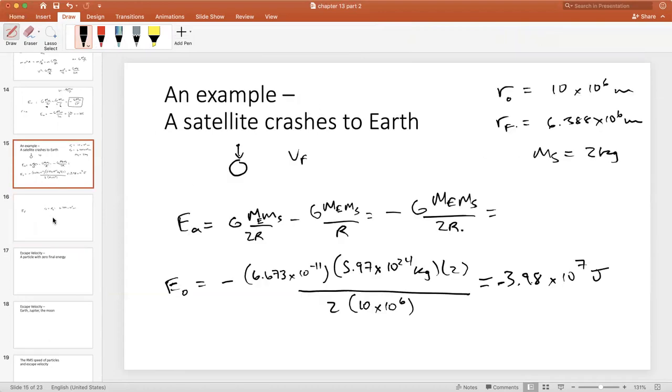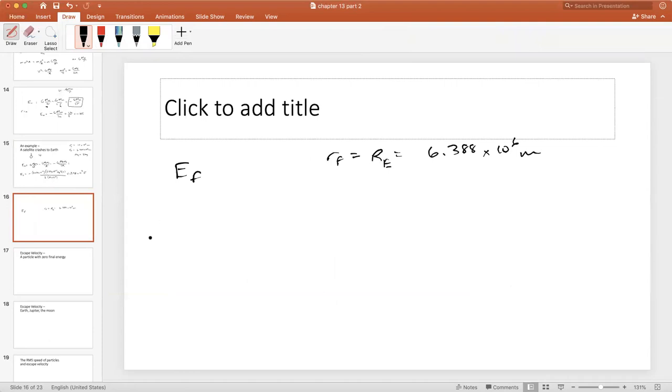We just found that the energy initially was minus 3.98 times 10 to the 7th joules, right? So what is the final energy and how does that give us the final velocity? Remember that this final energy will be mv squared over 2 minus GMm over R final, the potential energy of gravity at R final.